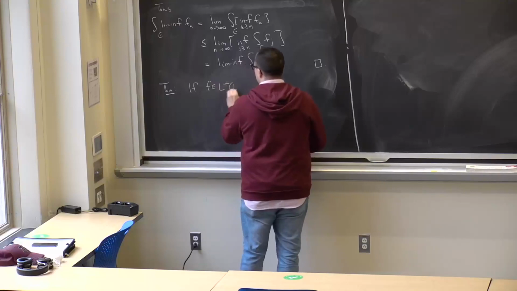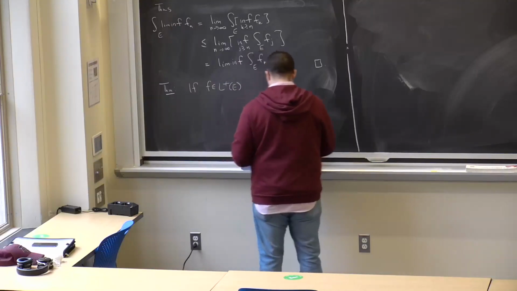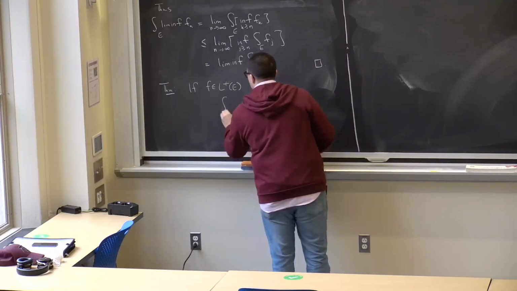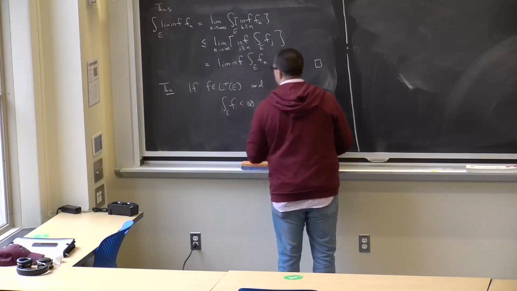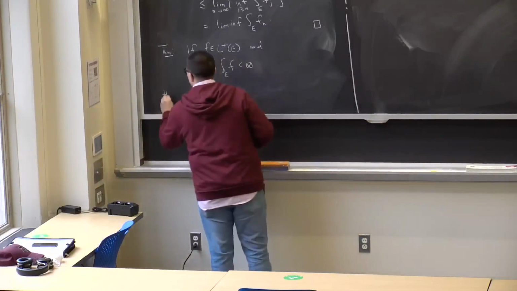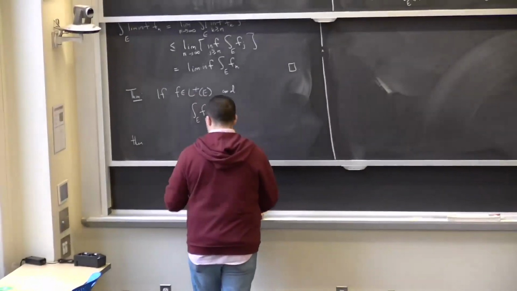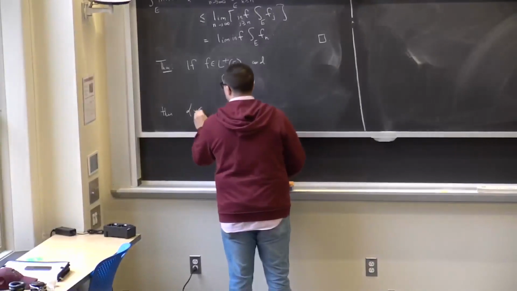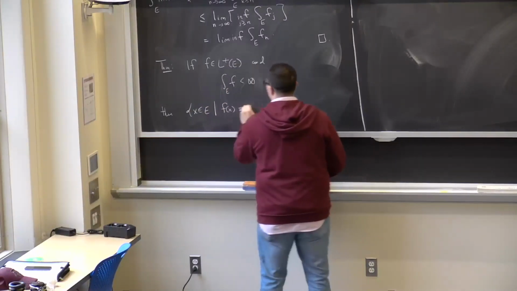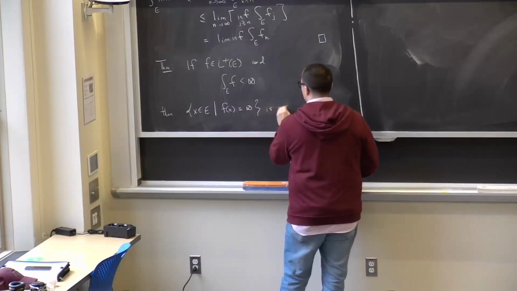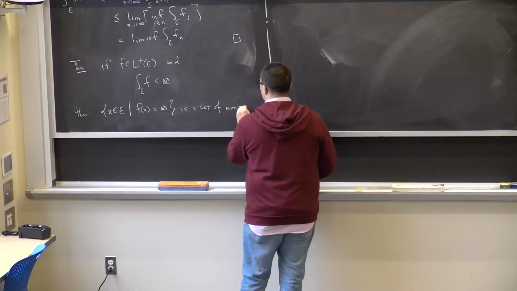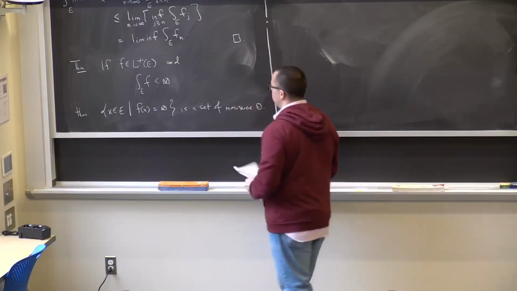So if f is a non-negative measurable function over a measurable set E, and the integral is finite, then the set of x's where f of x is infinite is a set of measure 0.